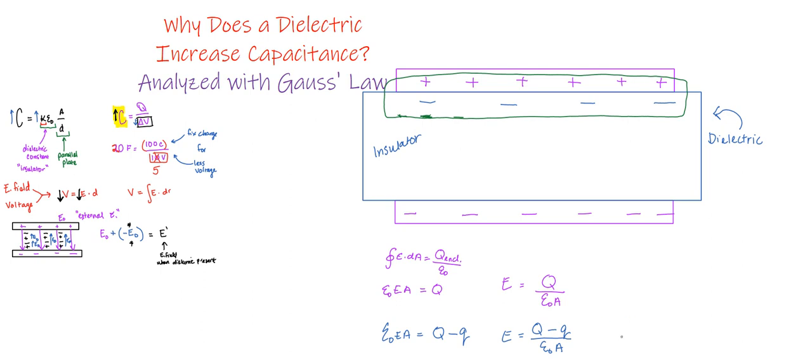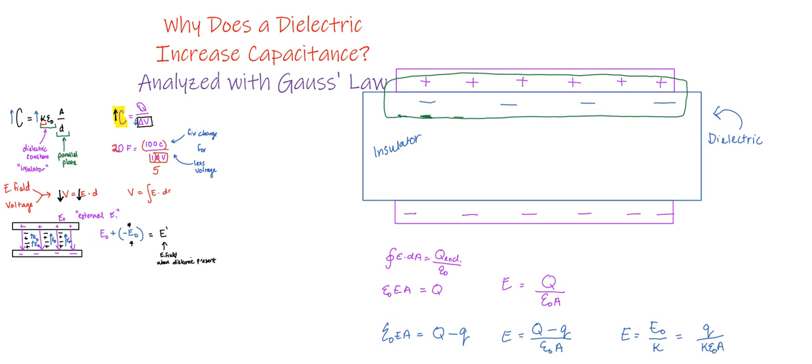So one way to write that in a slightly different form would be to say that this new electric field is equal to the original electric field divided by the dielectric constant, which would basically just show this. So we show the new amount of field that's been left over because of the dielectric causing some sort of polarization.